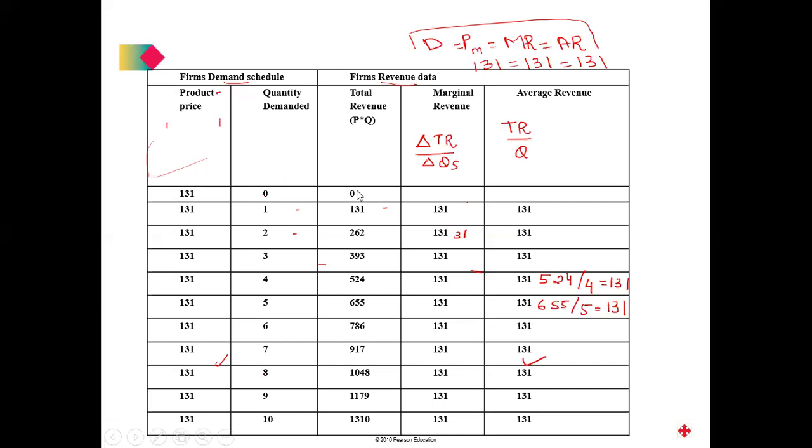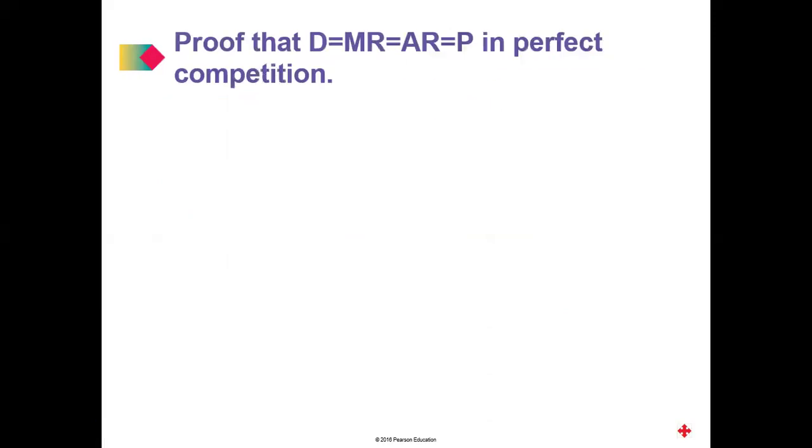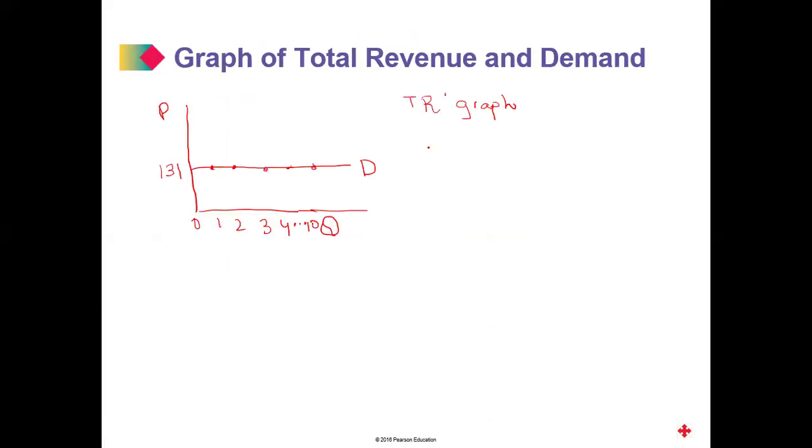So we are going to start our graph from the origin. We are going to put quantity on the x-axis and total revenue on the y-axis. So when quantity demanded is 0, total revenue is also 0.